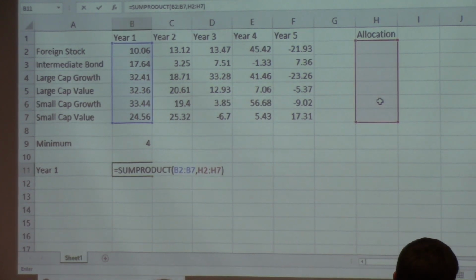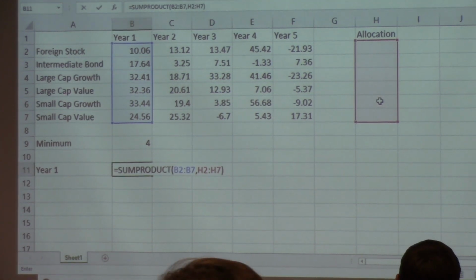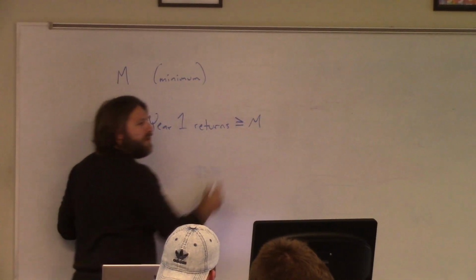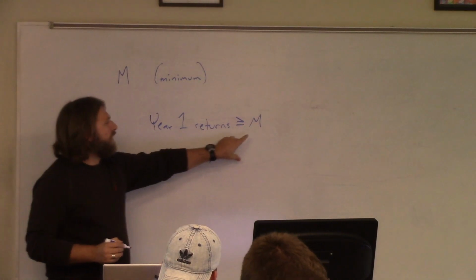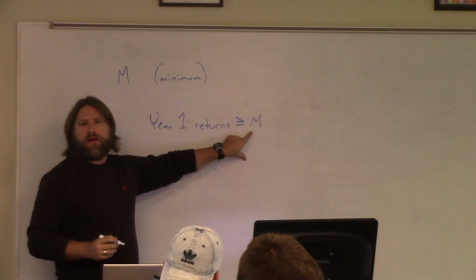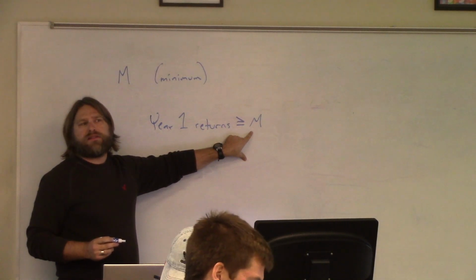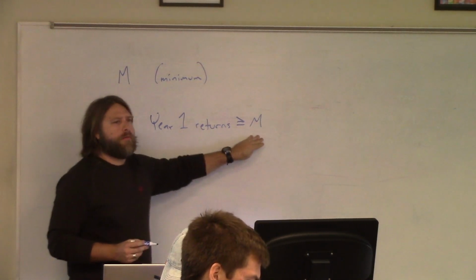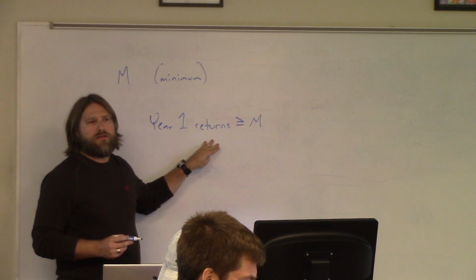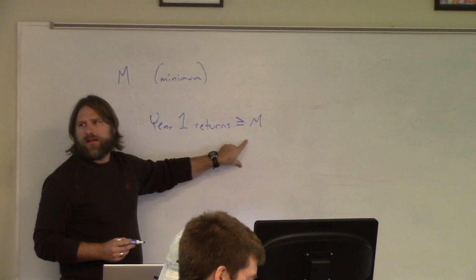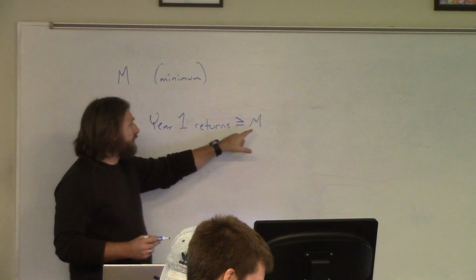Now what we want to say is that the year 1 return has to be larger than this minimum. But again, we always want to make sure that our right-hand side is a constant. So how do we transform this equation to get rid of this variable here on the right-hand side? Subtract. Yeah, we're going to subtract m from both sides.